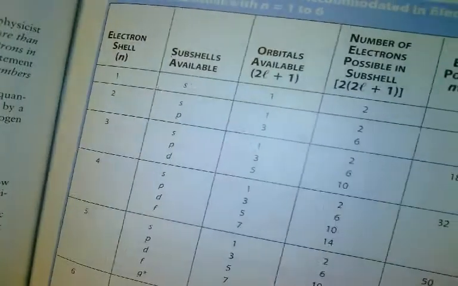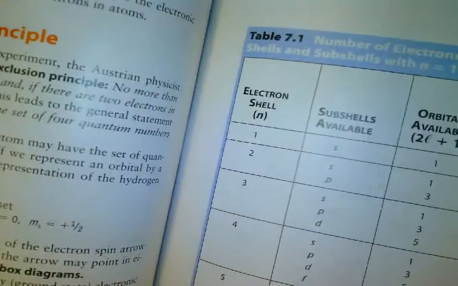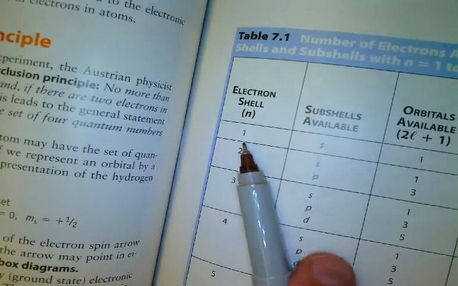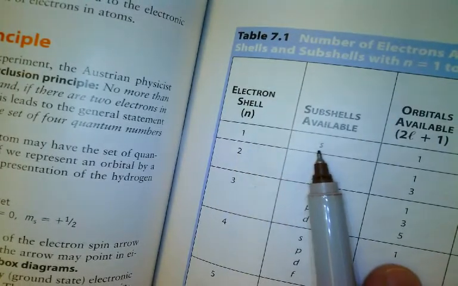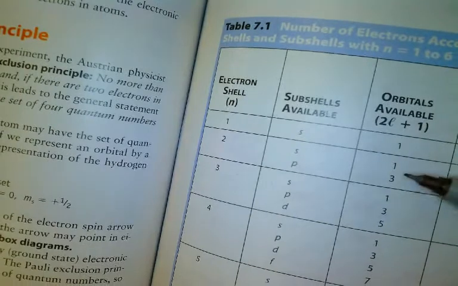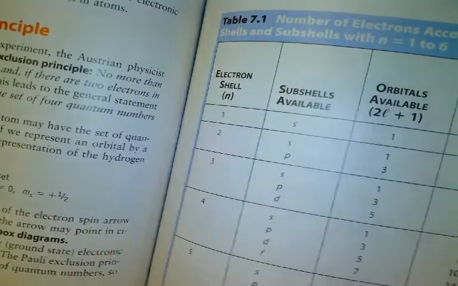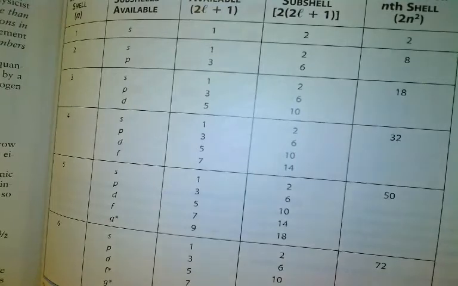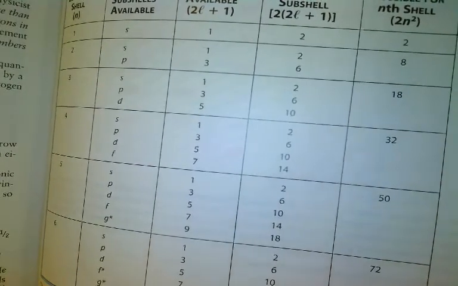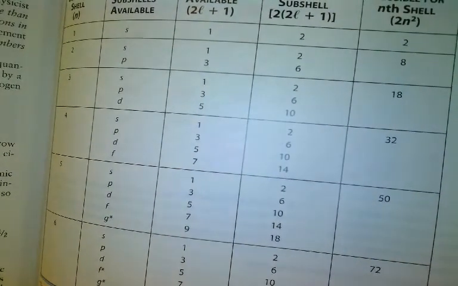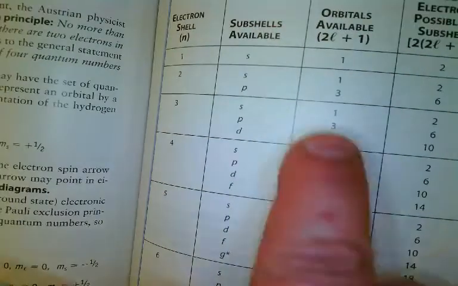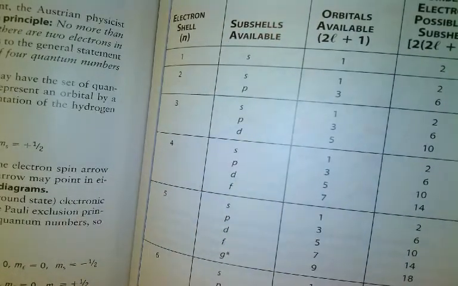Right here. Look at all the L's. So there's N, this is L. Look at all the possible L's I could have here. See that? What page are you on? I'm on page 251. Look at all the possible orbitals I could have there.